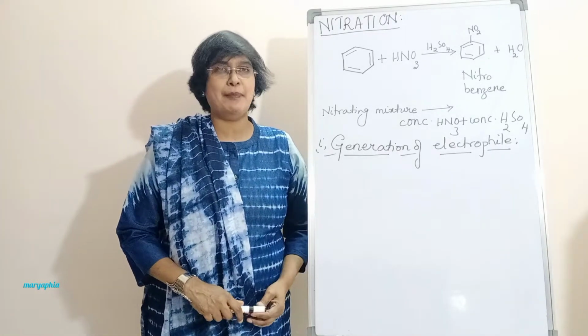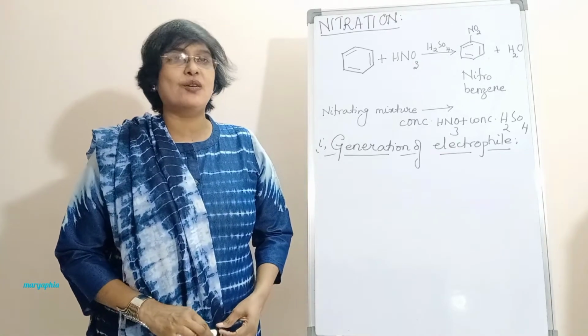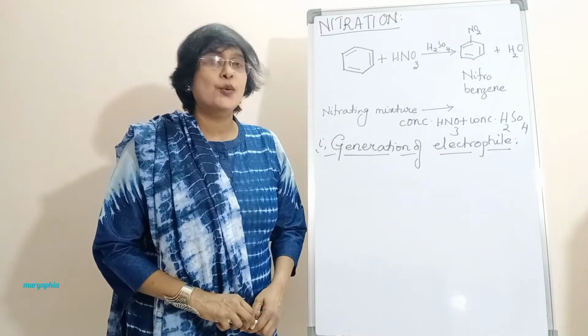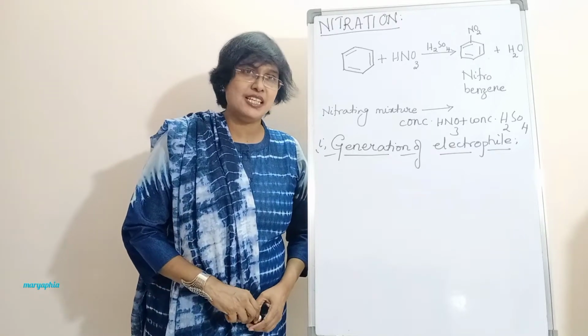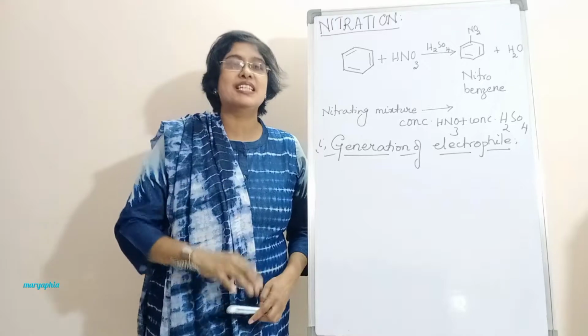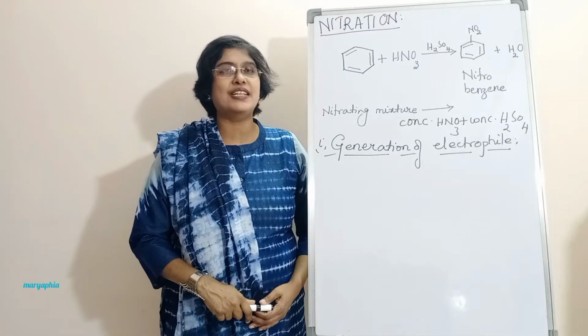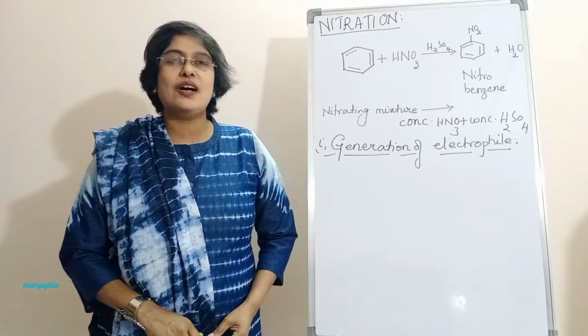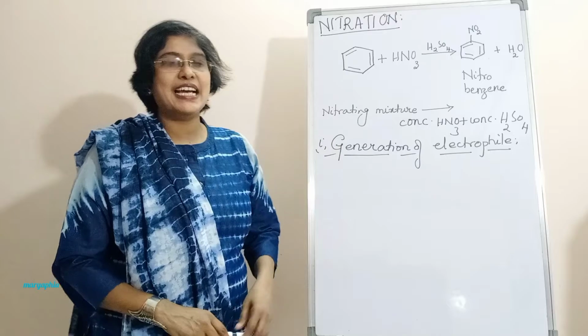How does this happen? When benzene is treated with nitration mixture or nitrating mixture, we get nitrobenzene. What is nitrating mixture? It is nothing but concentrated nitric acid plus concentrated sulfuric acid. I have given you the reaction here.